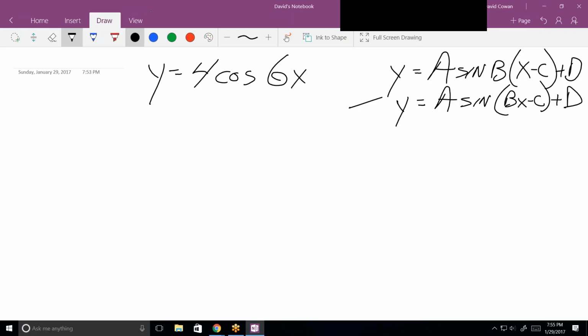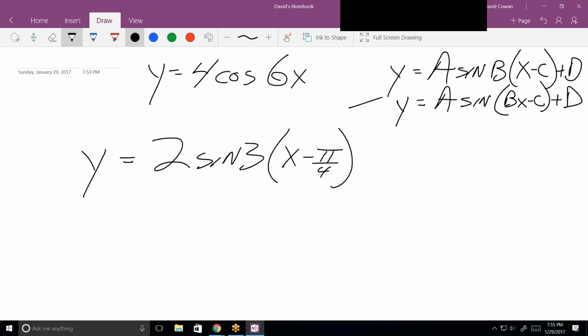Well, notice that if I take the second format, and you might get your function in either of these formats. Let's say I gave you something that looked like this. Or I gave you something that looked like this.